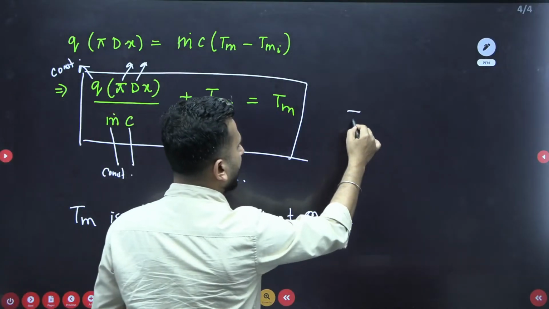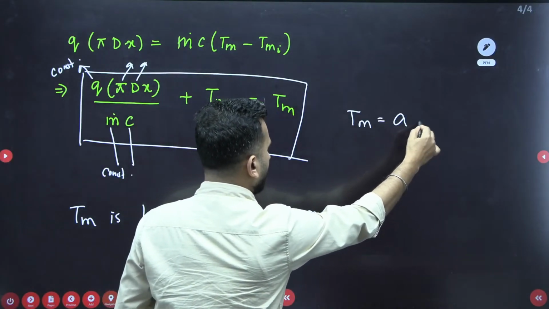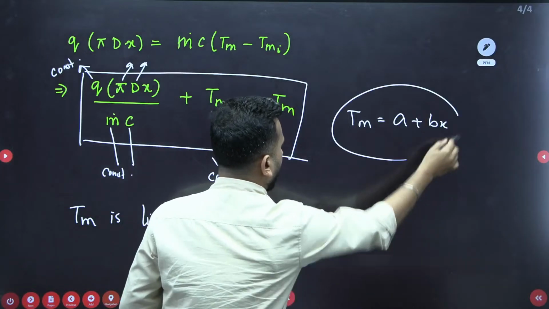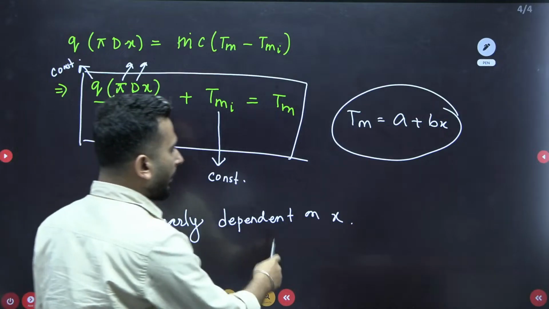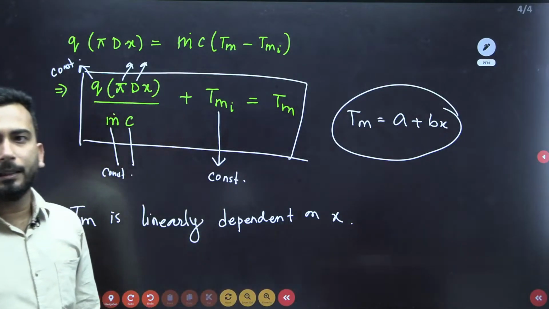I can write Tm as A plus Bx. Tm is proportional to x. It is linear.